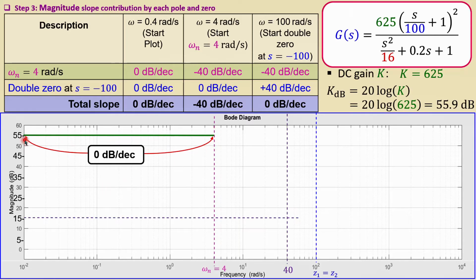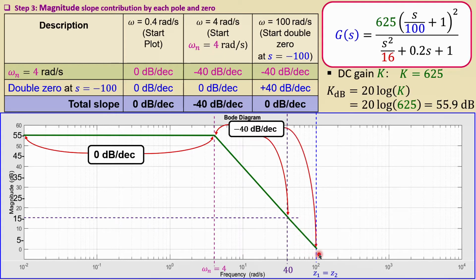I will, of course, start at 55.9 and go down to 15.9, because that is a decrease of 40 dB if you increase your frequency by 1 decade. So this is a slope of minus 40 dB per decade. I have to go, of course, up to 100, so I have to extend this line, and that will then approach approximately 0. So that is then the complete segment for the second part.